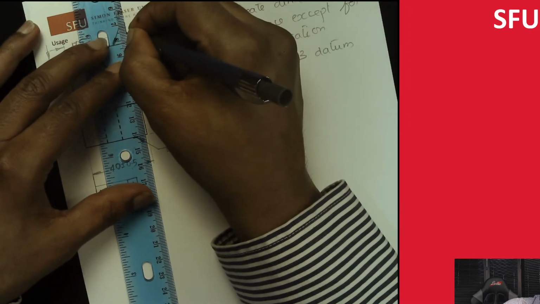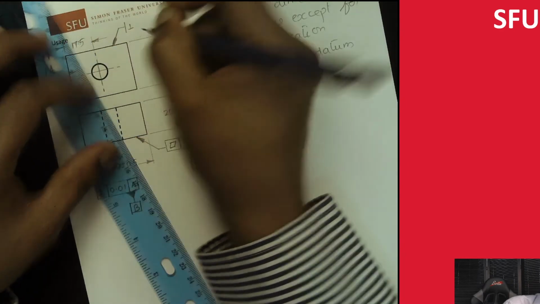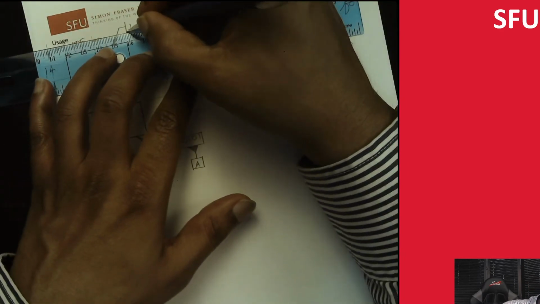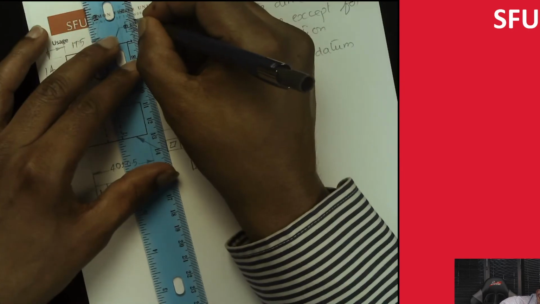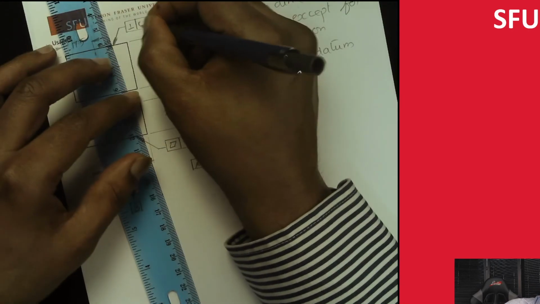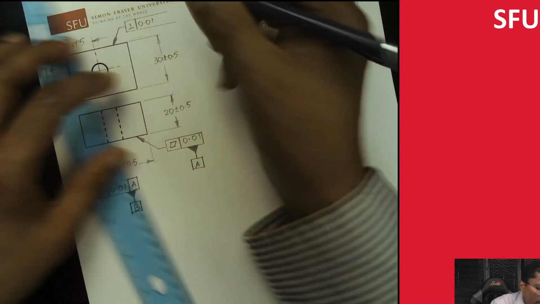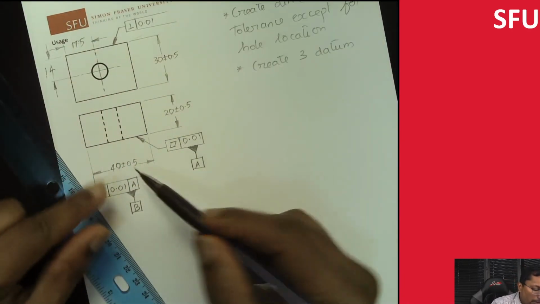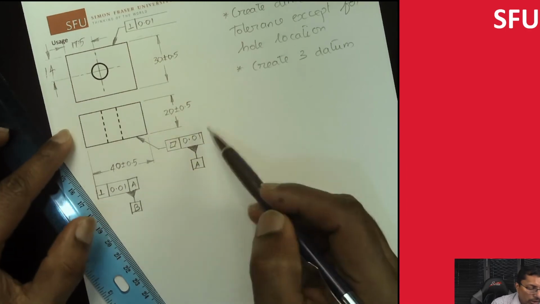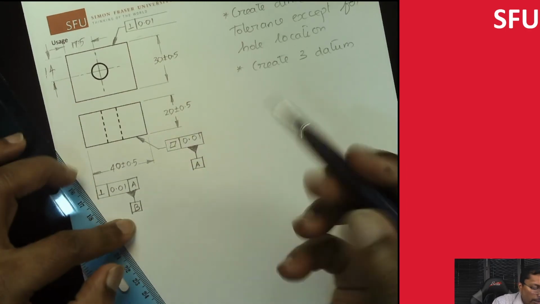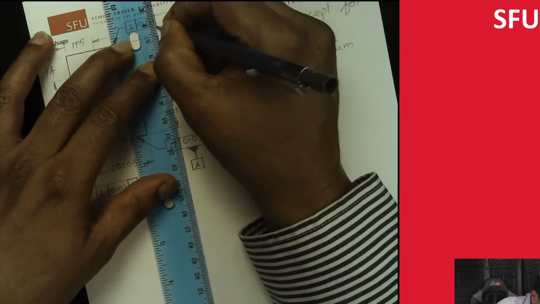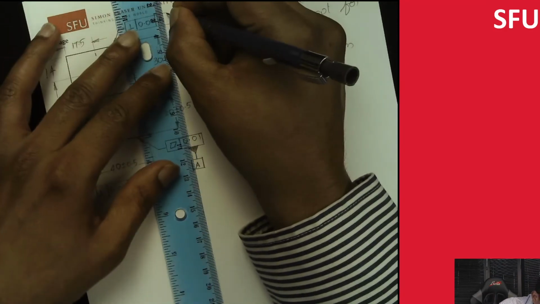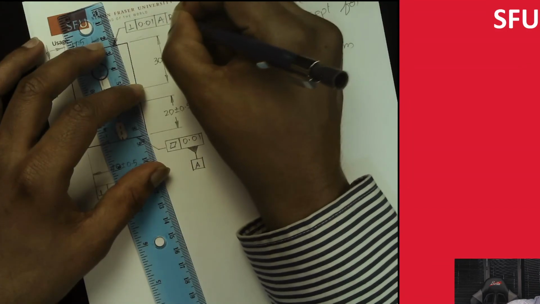Perpendicular, tolerance of 0.1. And then I'm going to make this perpendicular both to my reference A over here and then the reference B, because this is the third surface. Perpendicular A, B.